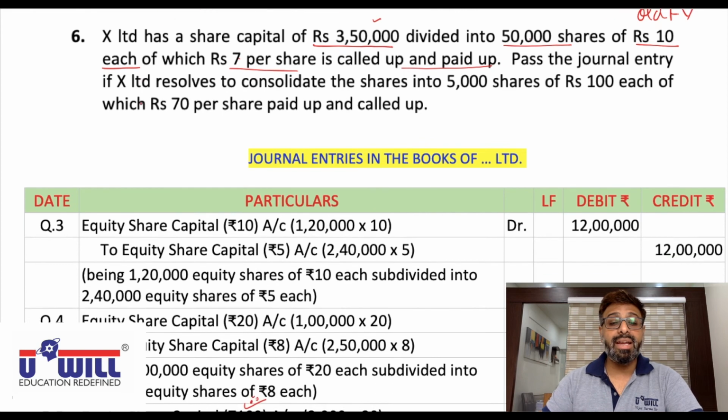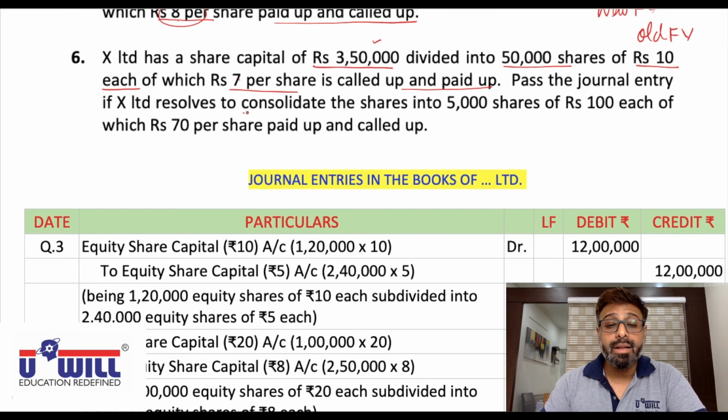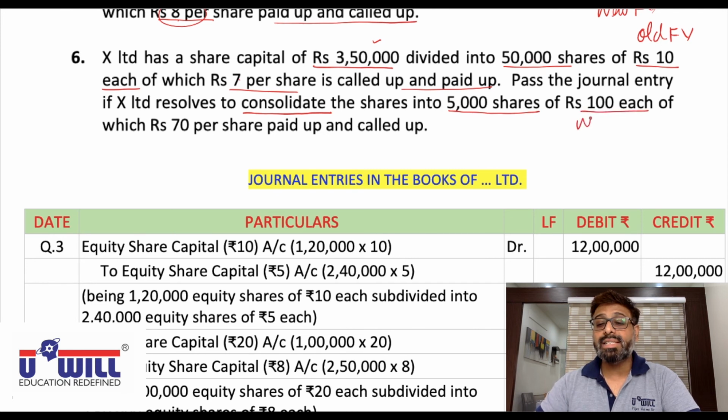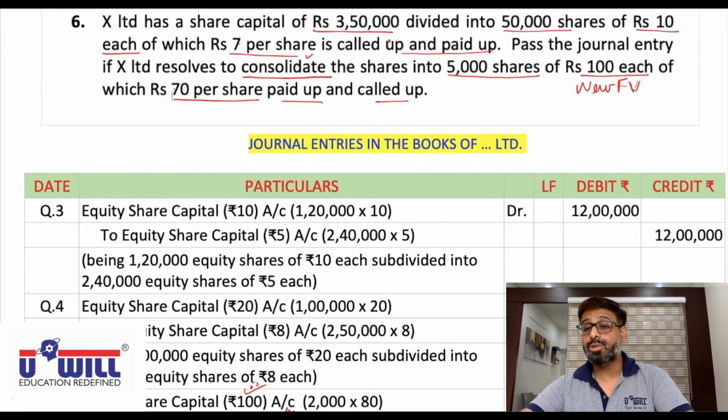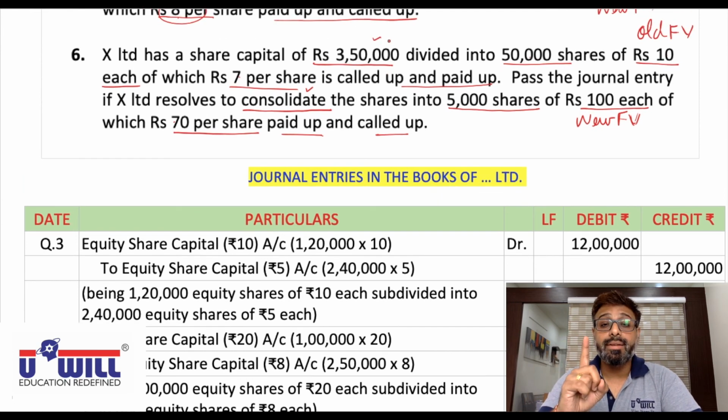Pass the journal entry if X Limited resolves to now here consolidate the shares into, from 50,000 the shares are decreasing to 5,000 shares, and from 10 rupees old face value it is increasing to 100 rupees new face value. Face value is increasing means it is consolidation, of which obviously from 10 it's becoming 100. So from 7 it will become 70 per share paid up and called up. 5,000 into 70 amount 3,50,000. But in journal entry we have to write in bracket face value only.